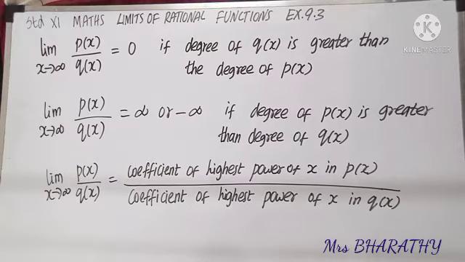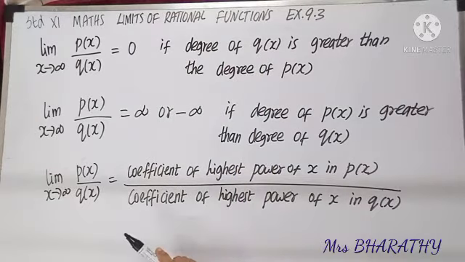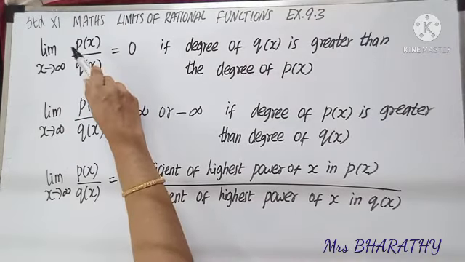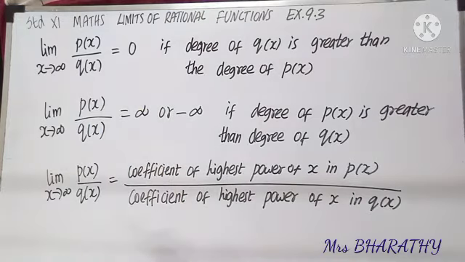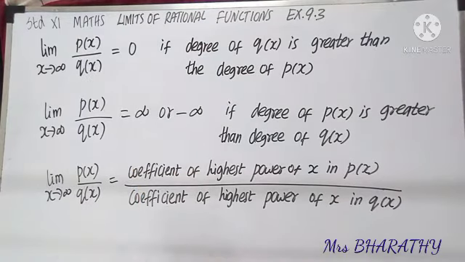Here are some easy techniques to evaluate the limits of rational functions as x tends to infinity. You have p of x, a polynomial in the numerator, and q of x, another polynomial in the denominator. Let us check the degree of p of x and degree of q of x.